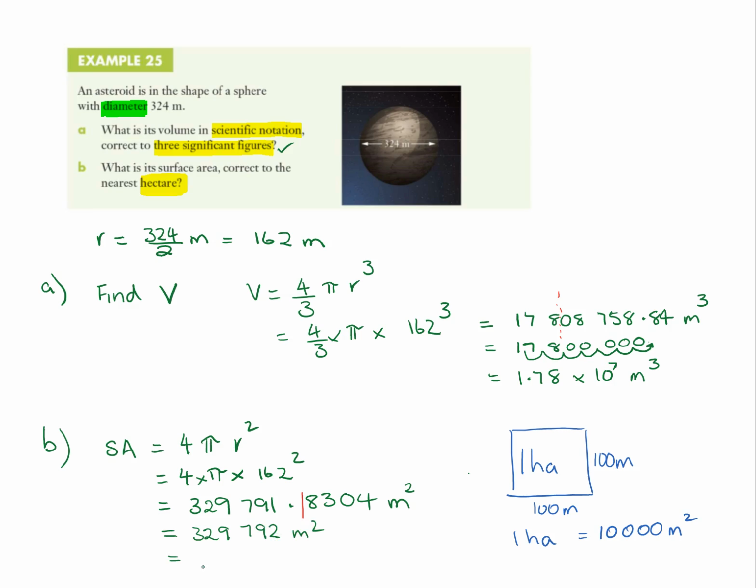Now, to convert that to hectares, hectares are bigger, we need to divide. We're going to divide that by 10,000, and a shortcut is to move your decimal point back 4 places. 1, 2, 3, 4. So it becomes 32.9792 hectare, but we're giving it to the nearest, so it'll be 33 hectares.